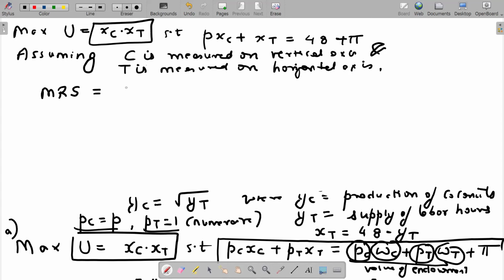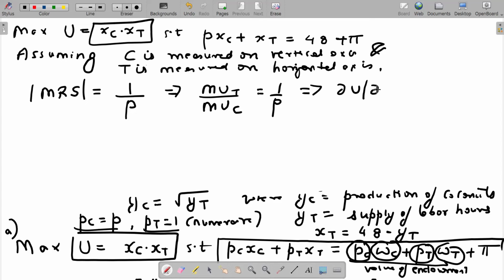That means the price of the good measured on the horizontal axis, which is 1, over the price of the good measured on the vertical axis, which is P. The absolute value of the MRS is MUT over MUC. Remember, we are measuring T on the horizontal axis, C on the vertical axis. This should be equal to 1 over P. How do I find MUT?